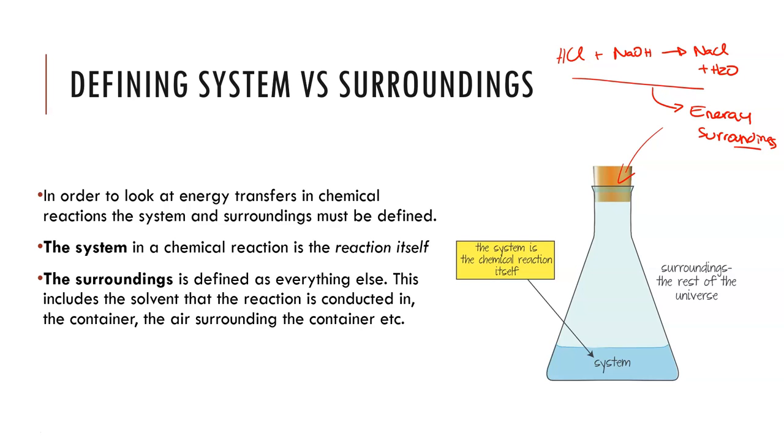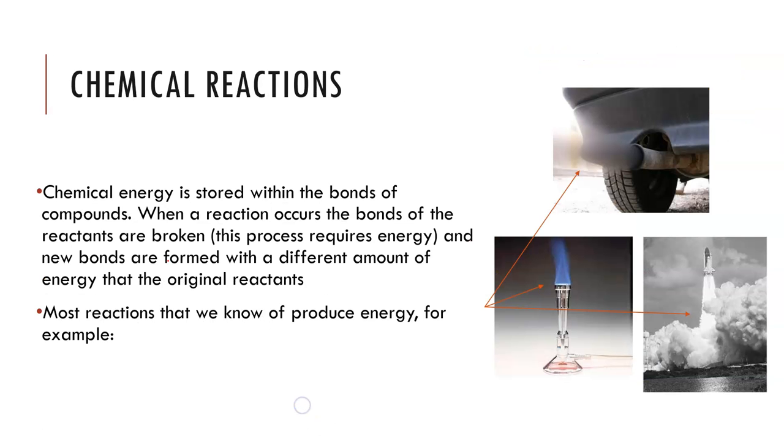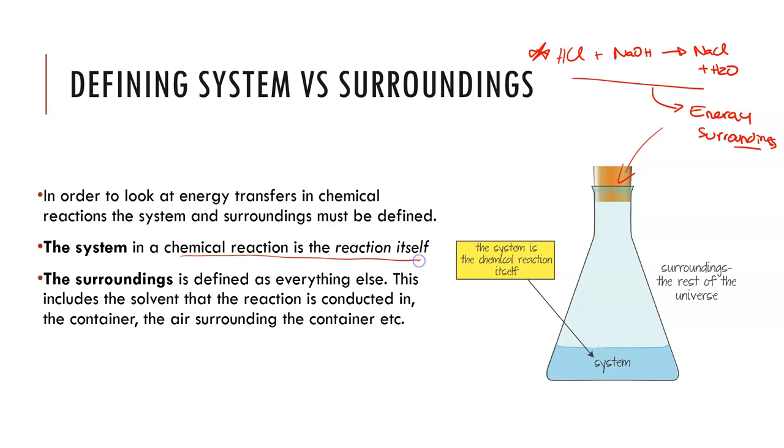When we refer to the system in chemistry, we are referring to the chemical reaction itself. Okay? So the chemical reaction is the system. The surroundings is everything else. This includes the solvent, so this would be done in an aqueous environment, which means that the water this reaction is dissolved into would be considered the surroundings, as would the flask, the air, everything else is the surroundings.